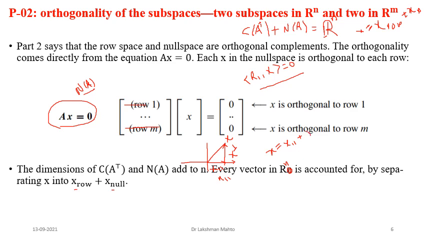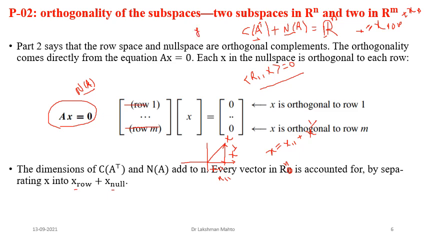In a similar fashion, we have already come across that the row space and null space happen to be orthogonal complements of each other. Suppose you take one member from the row space and call it y.